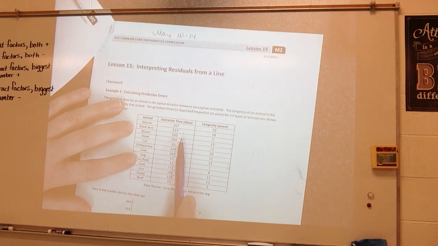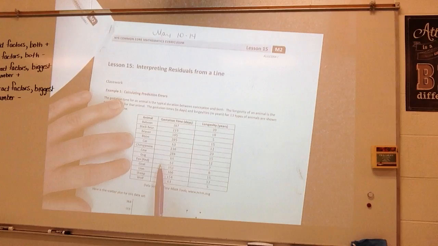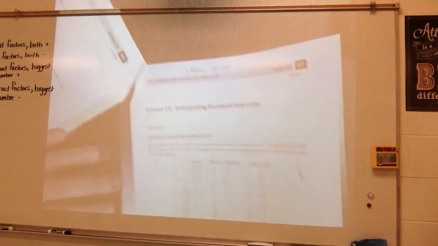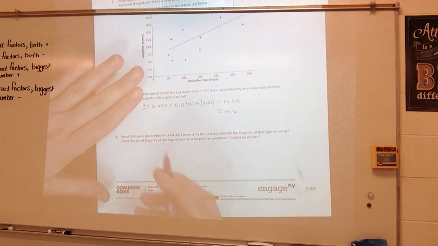Animals that had 200 days, they lived 18, 20, 15, over 200 days, so we don't expect that longevity to be 14.6 years. It might be longer, it might be shorter, we don't know.